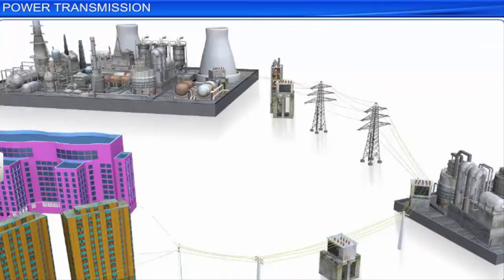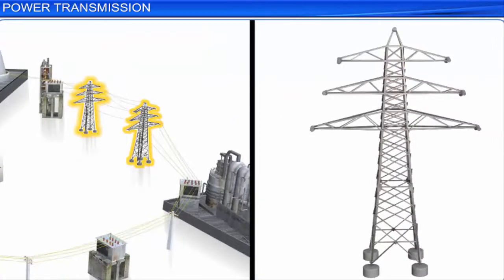Now let us understand how power is actually transmitted from a power station to our homes. Electricity is transmitted to our homes through a power grid system. The grid consists of pylons or towers to which high-tension HT transmission lines called HT bare conductors are attached.